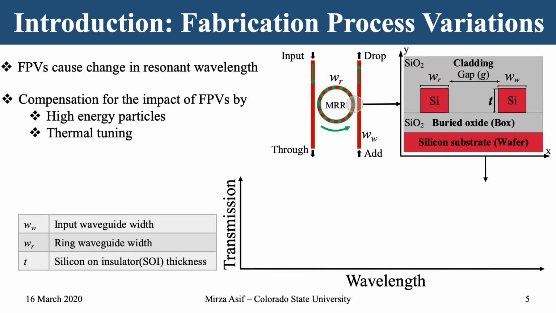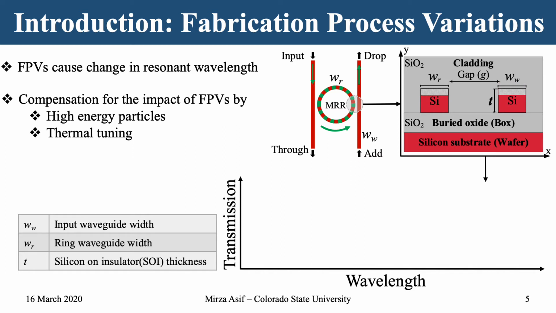To speak about fabrication process variations, these variations cause change in the waveguide width and thickness. For example, the waveguide width can expand or reduce, whereas the thickness can also increase and decrease with respect to fabrication process variation.